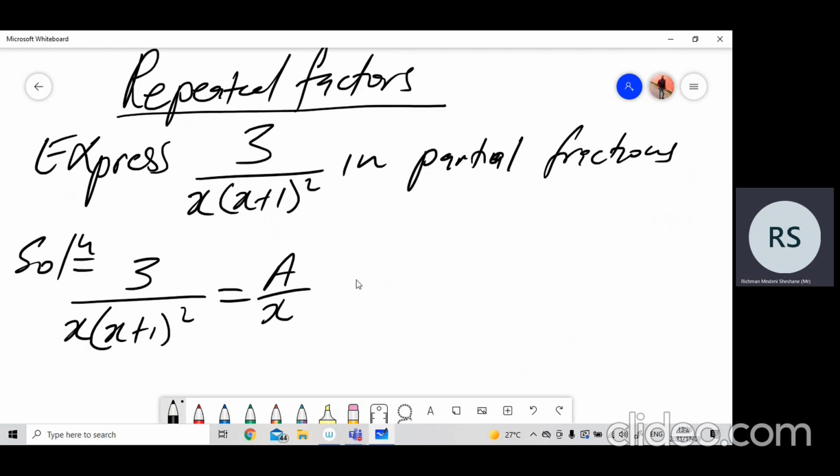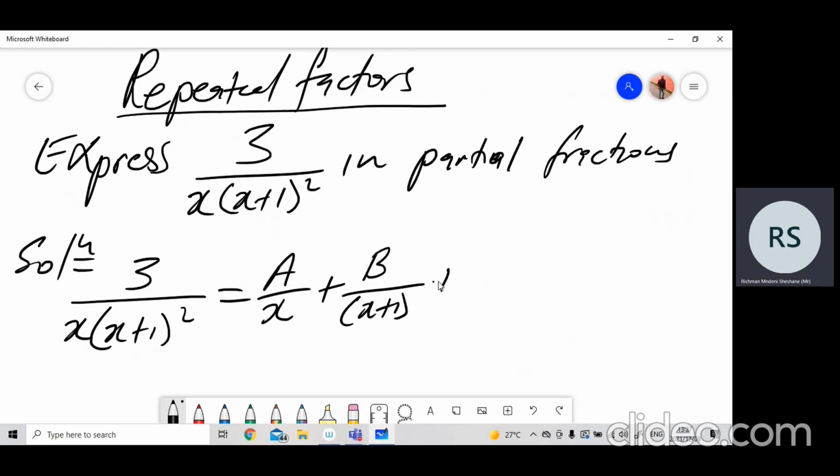So if you have a repeated factor, you use the form of that factor. We have a linear, but it's repeated. So the form will be a constant, let's say b now, over that linear, x plus 1 to the power of 1.